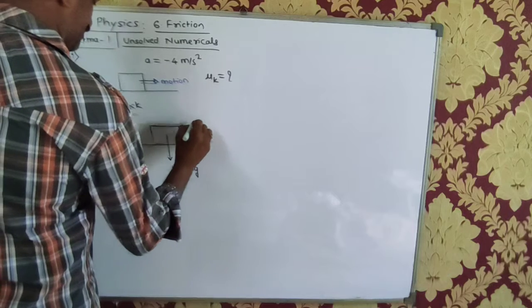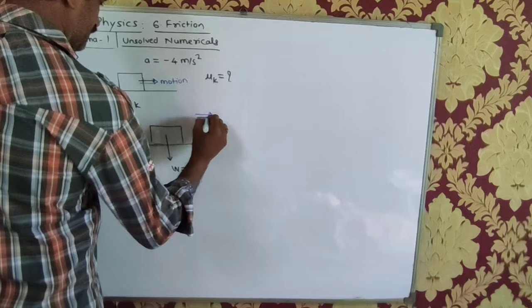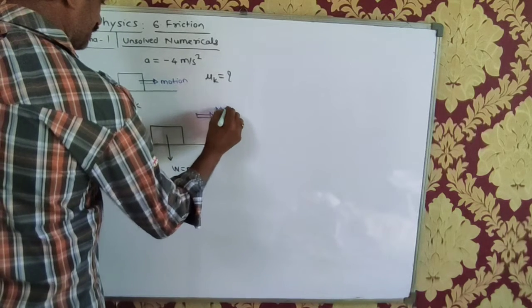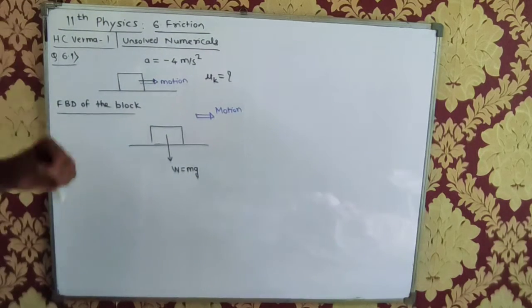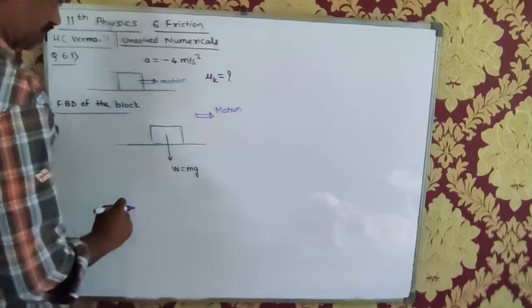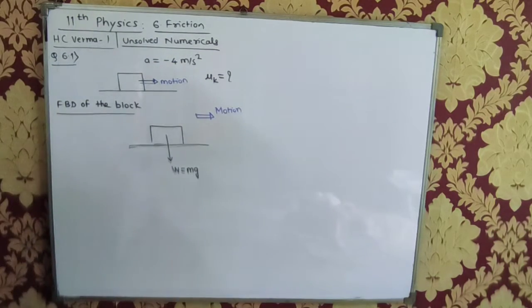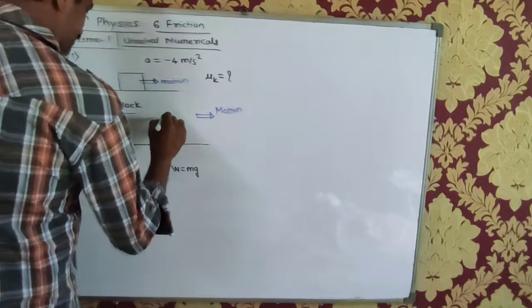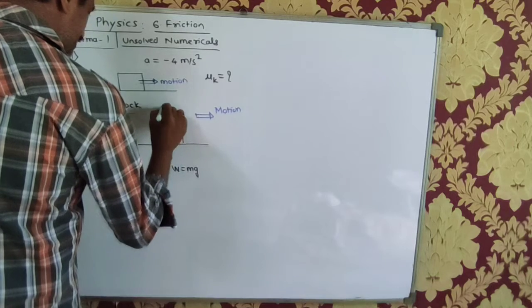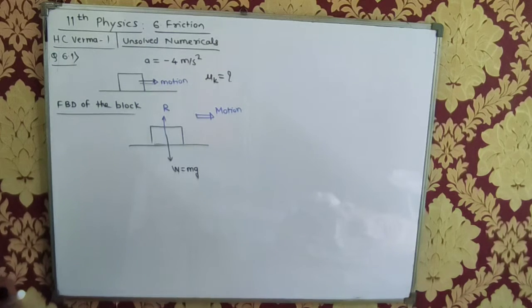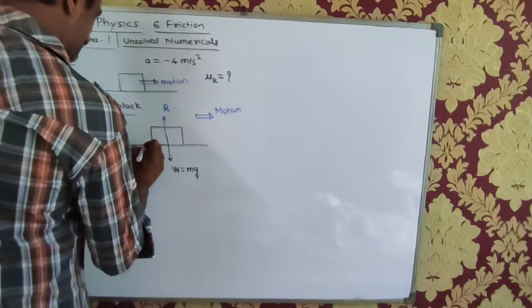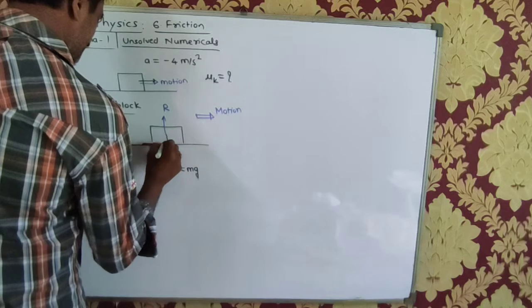If this is the direction of motion, we say the friction is acting in the opposite direction. First of all, there will be the normal reaction R. If motion is in that direction, then the frictional force is acting in this direction.